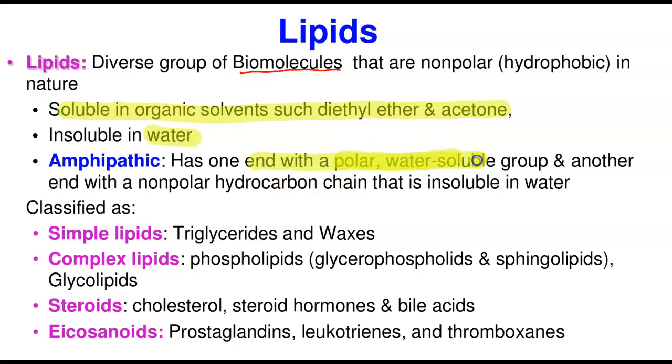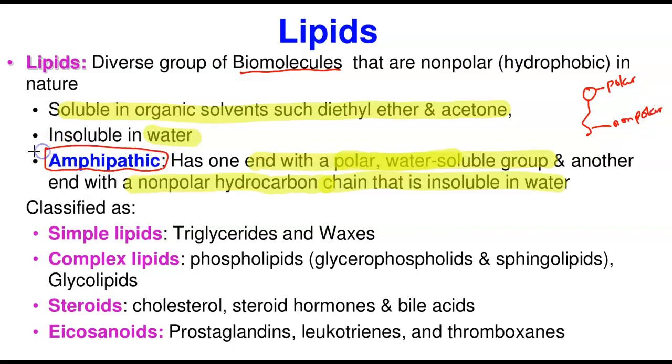One end of it is polar and water soluble, whereas the other end is non-polar and water insoluble. So if you have a molecule where this part is polar and water soluble, and the other part is non-polar, we describe that compound as amphipathic. We're going to be hearing a lot of this, so it's important we know that meaning.